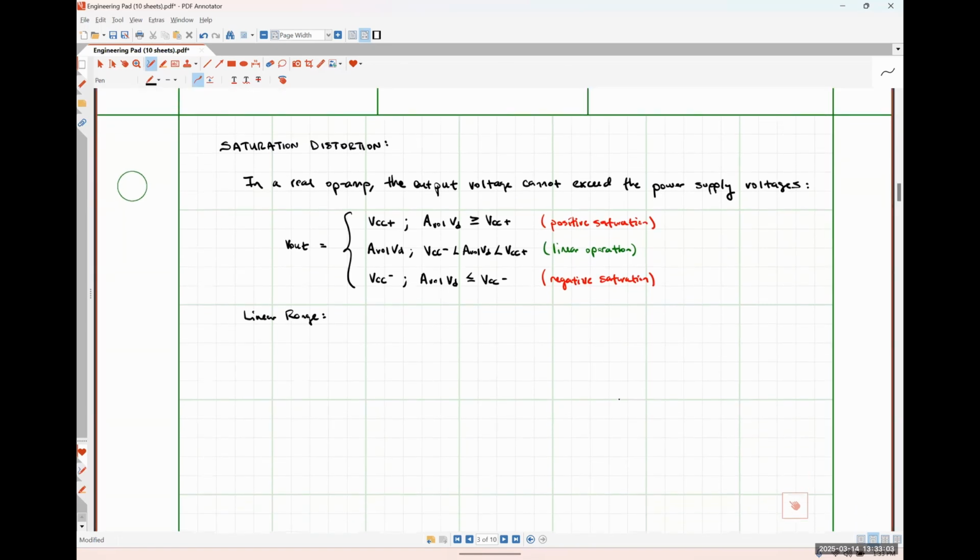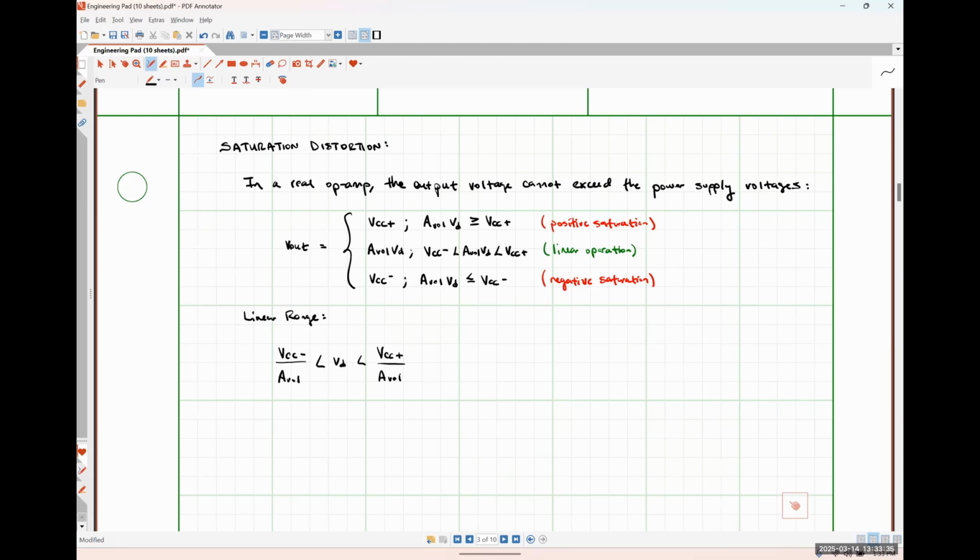So generically speaking, this is going to look like VCC minus divided by the open loop voltage gain will be less than our differential voltage, which is playing the role of our input voltage for these op amps, will be less than VCC plus over our open loop voltage gain.